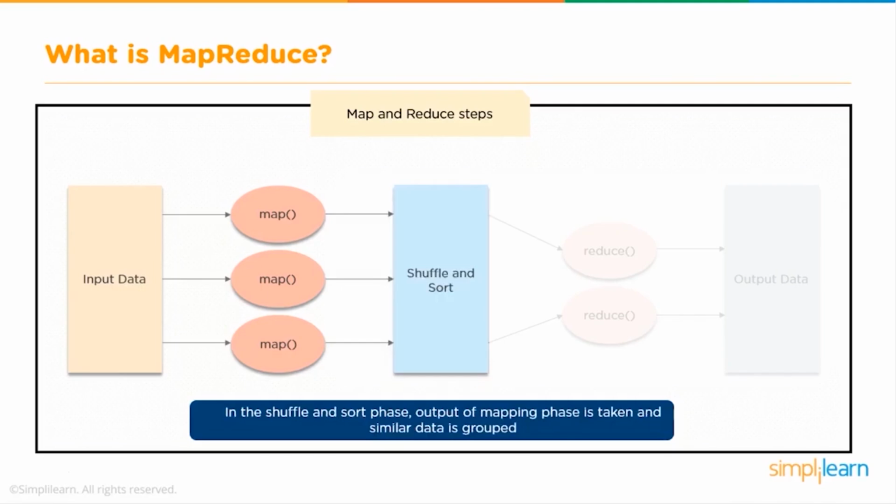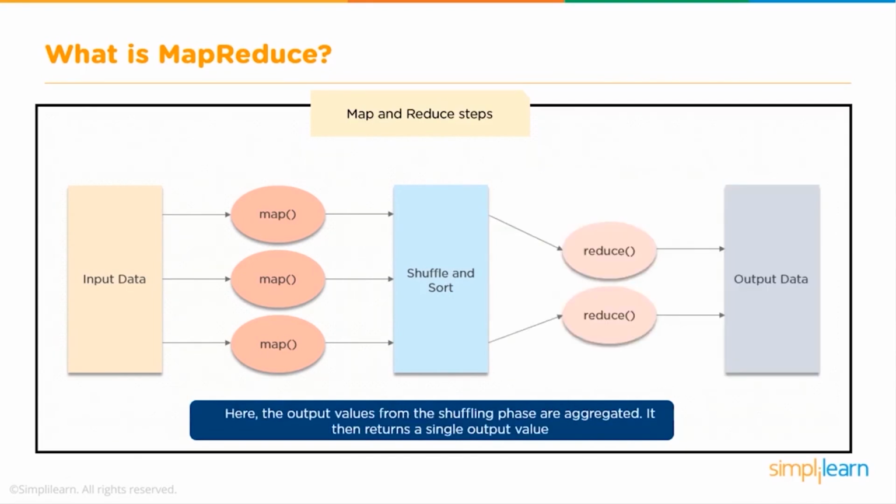There would be some kind of shuffling and sorting wherein the output of the mapping phase is grouped together so that it could be further processed. Then we have our reducing phase, which depends on the reducer function, and this reducer function does the reduce task of working on one or multiple inputs coming from the output of the map phase. Reducing does the aggregation and finally creates a final output.